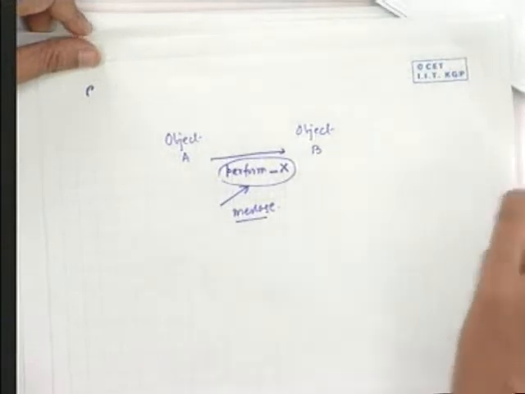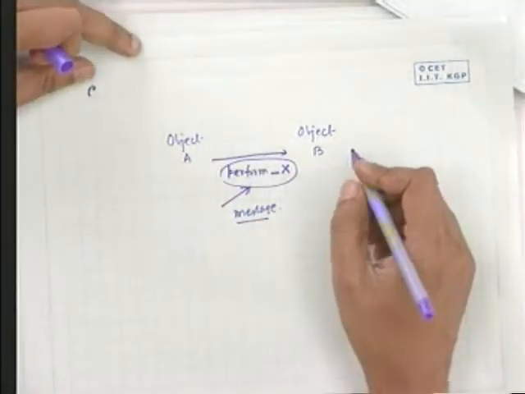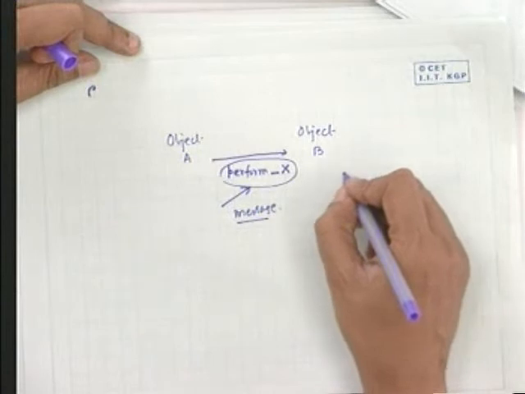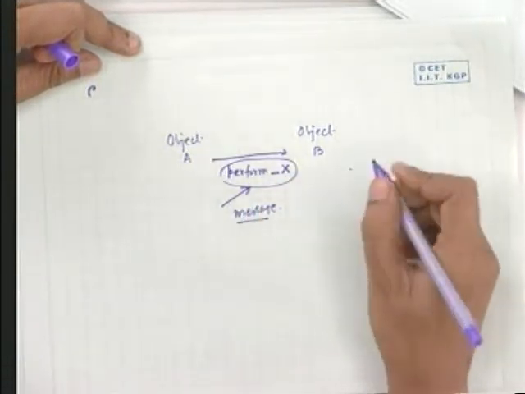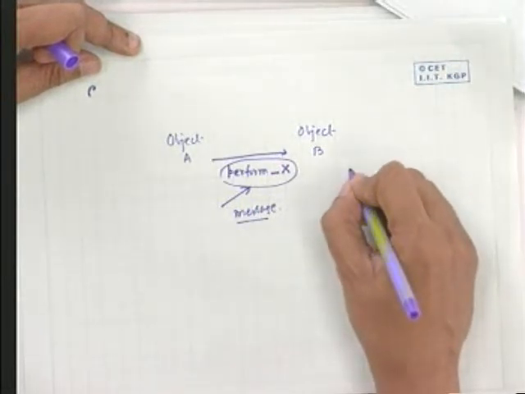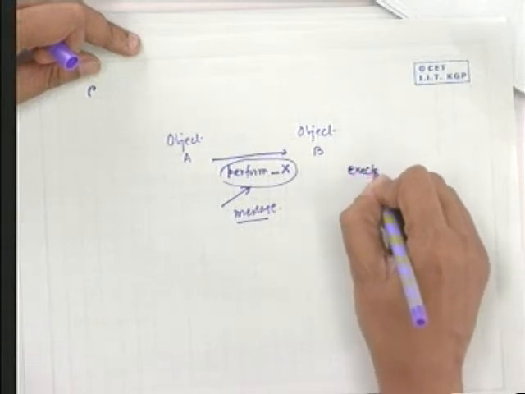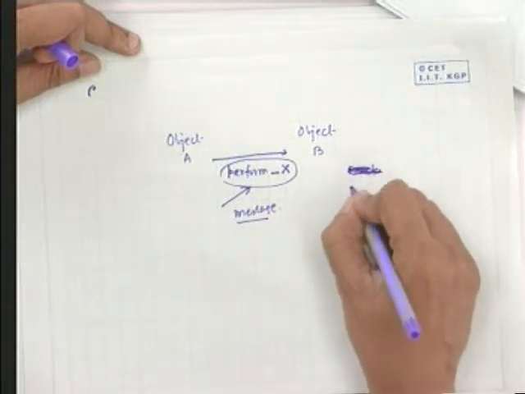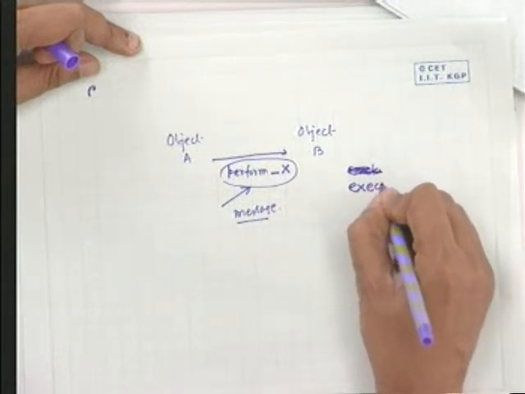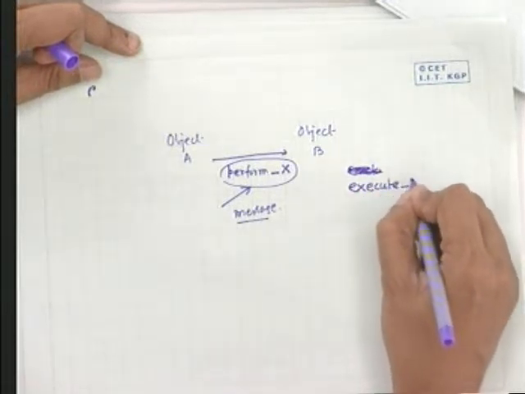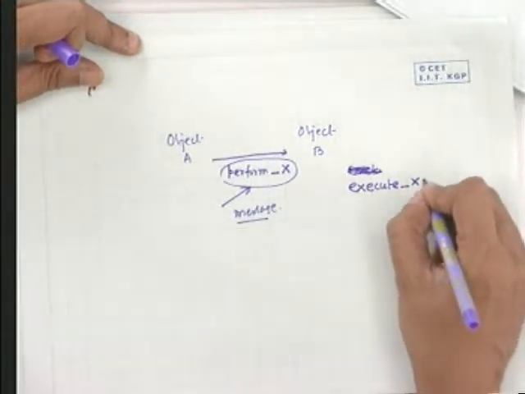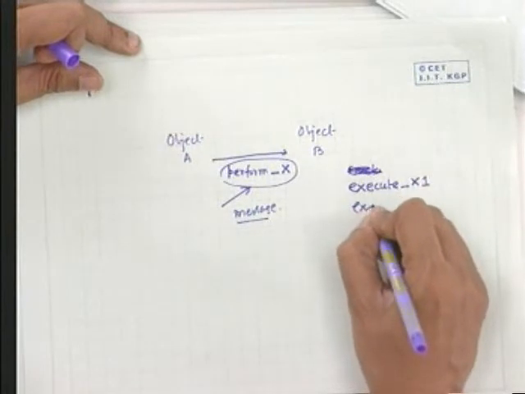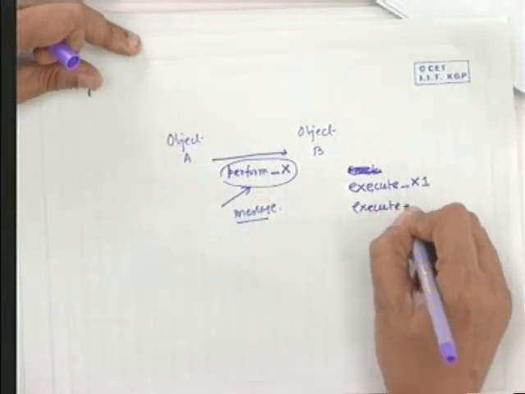For example, suppose I have methods which can perform these operations, say execute x1, execute x2. We'll illustrate with typical examples just now.